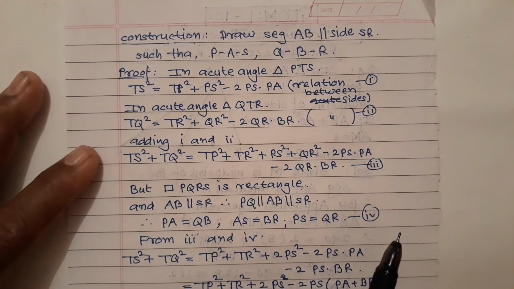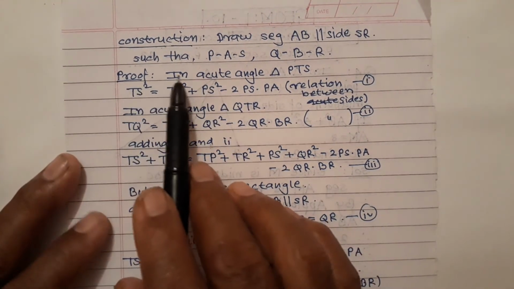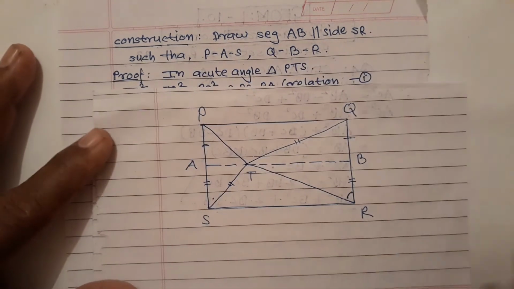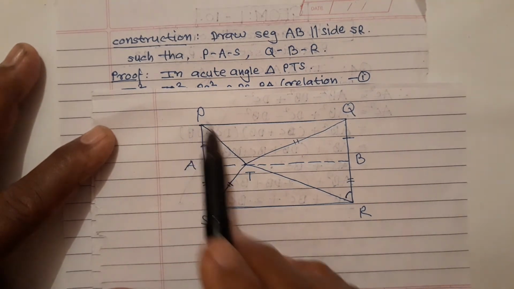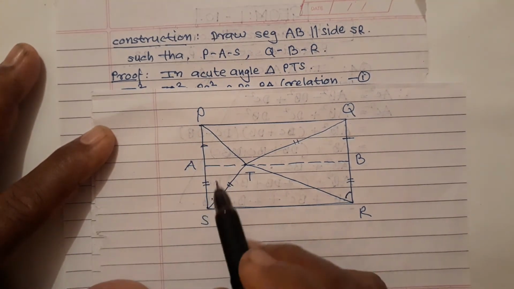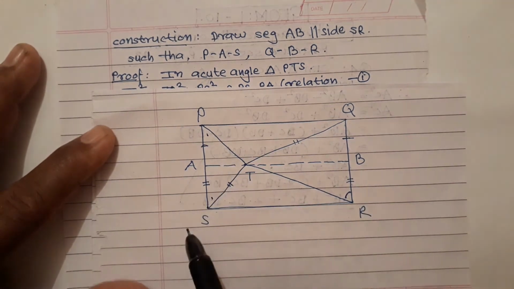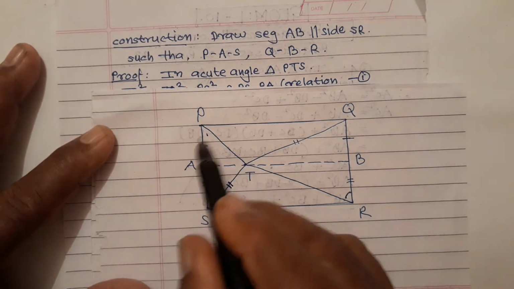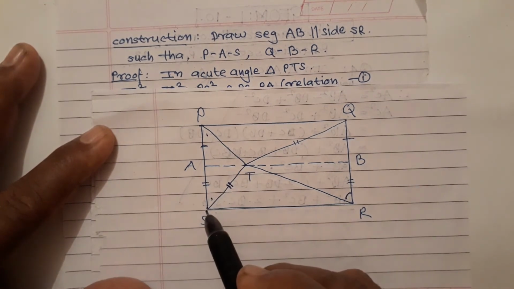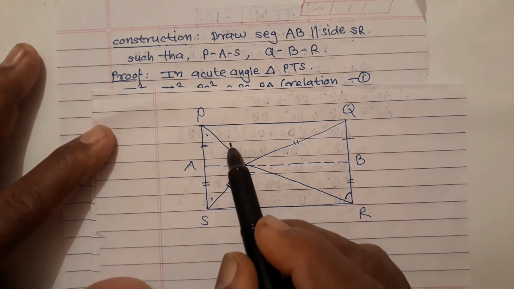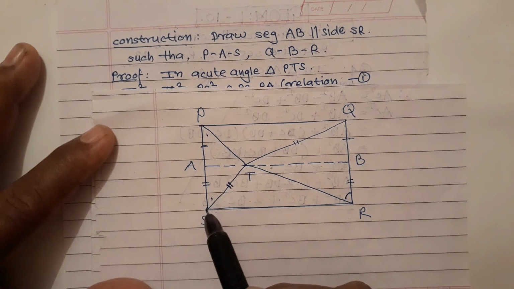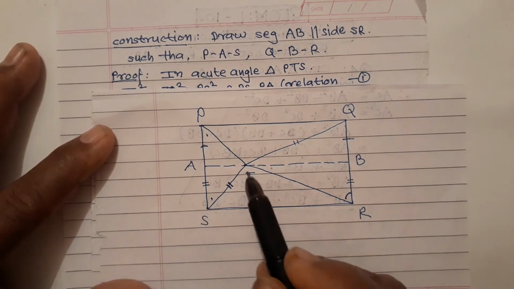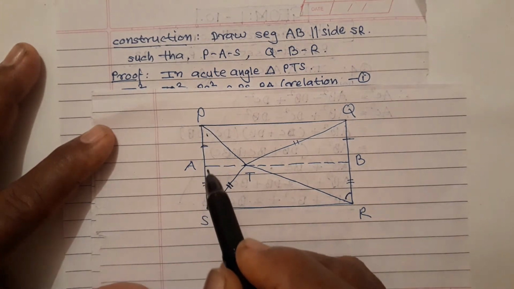Okay, now in the proof, in acute angle triangle PTS. This is the acute angle triangle PTS. This angle is acute, this angle is acute. So you want TS. So TS square in this acute angle triangle is equal to the remaining two sides, means PT square plus PS square. Now it is acute, therefore minus 2 PS into, now TS is there, therefore you take this part, so PA.